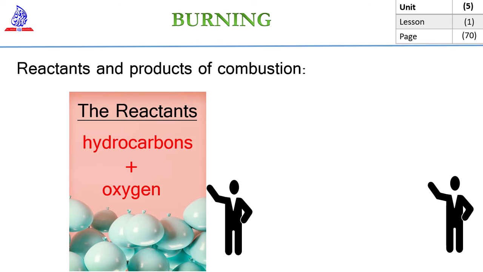That means there are two elements, hydrogen and carbon. So when we say hydrocarbon, we mean hydrogen atoms combined with carbon atoms. Hydrocarbons react with oxygen. These are the reactants in this burning.